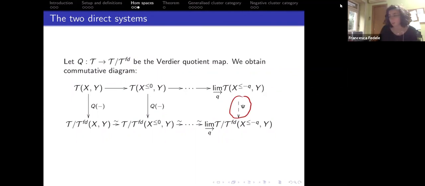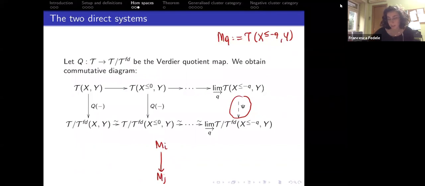commutes. And the way we do it is, if we define MQ to be T of X less or equal to minus Q, Y, then for i less than j, we will get this commutative diagram to the limit, which just describes the first row of our system, using this notation.